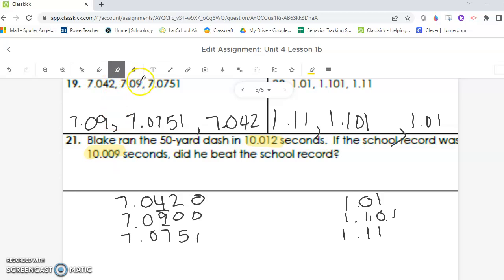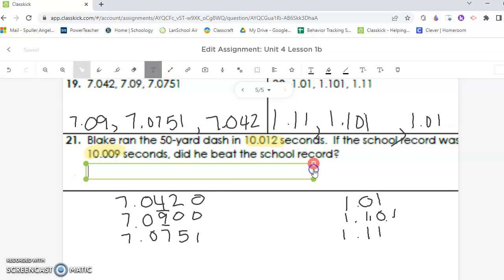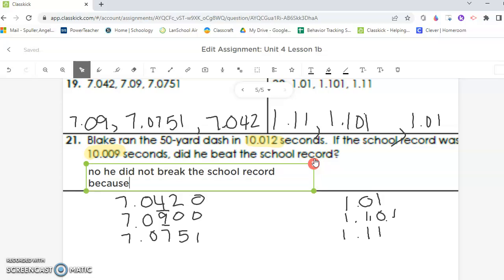So no, he did not break the school record because here's why. 10 and 9 thousandths is less time than 10 and 12 thousandths.